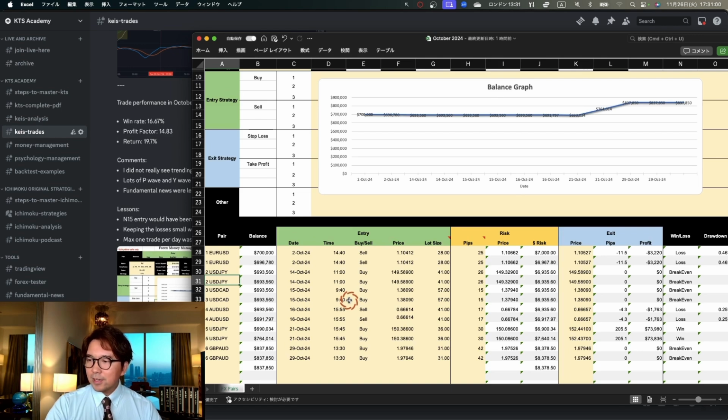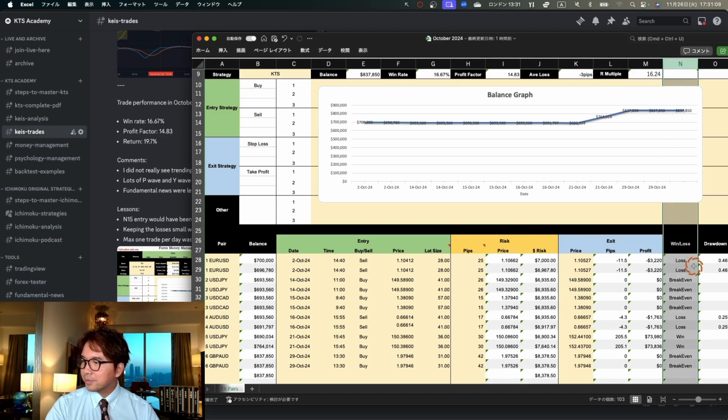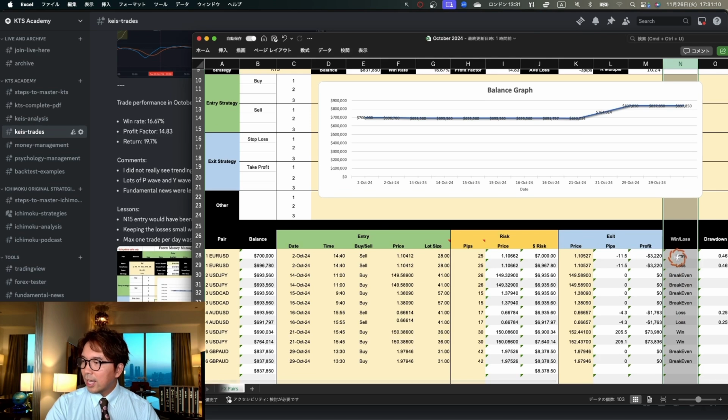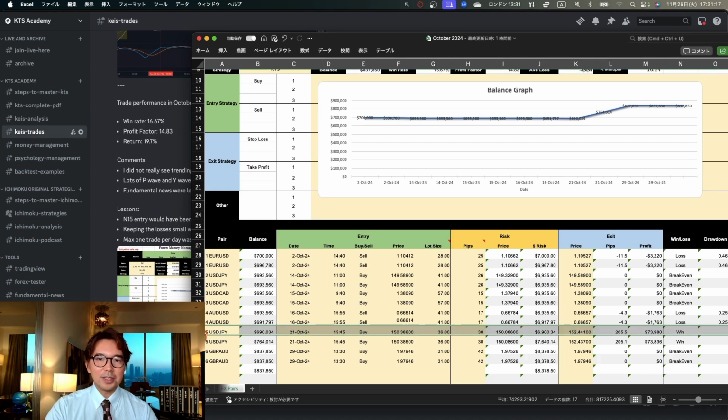I took 6 trades, and the first, second, third, and fourth ones were either loss or break even. So I haven't been able to make profits until the 21st of October. On the 21st of October, I took a nice profit on USDJPY. I was able to take 205 pips times 2.